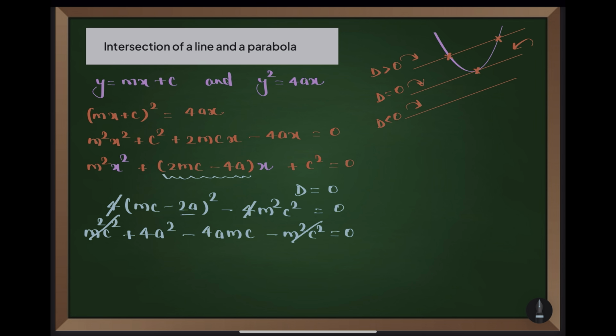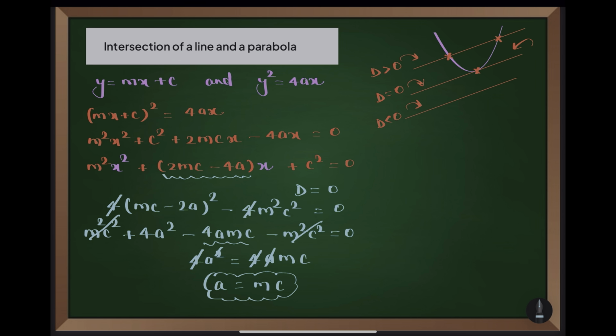So 2 times this will become 4a and mc, so 4amc. Now can I send this thing to that side? So we will have 4a square is equal to 4amc. So 4 and 4 gone, a gone. So we got a equals mc. This is the condition for tangency.